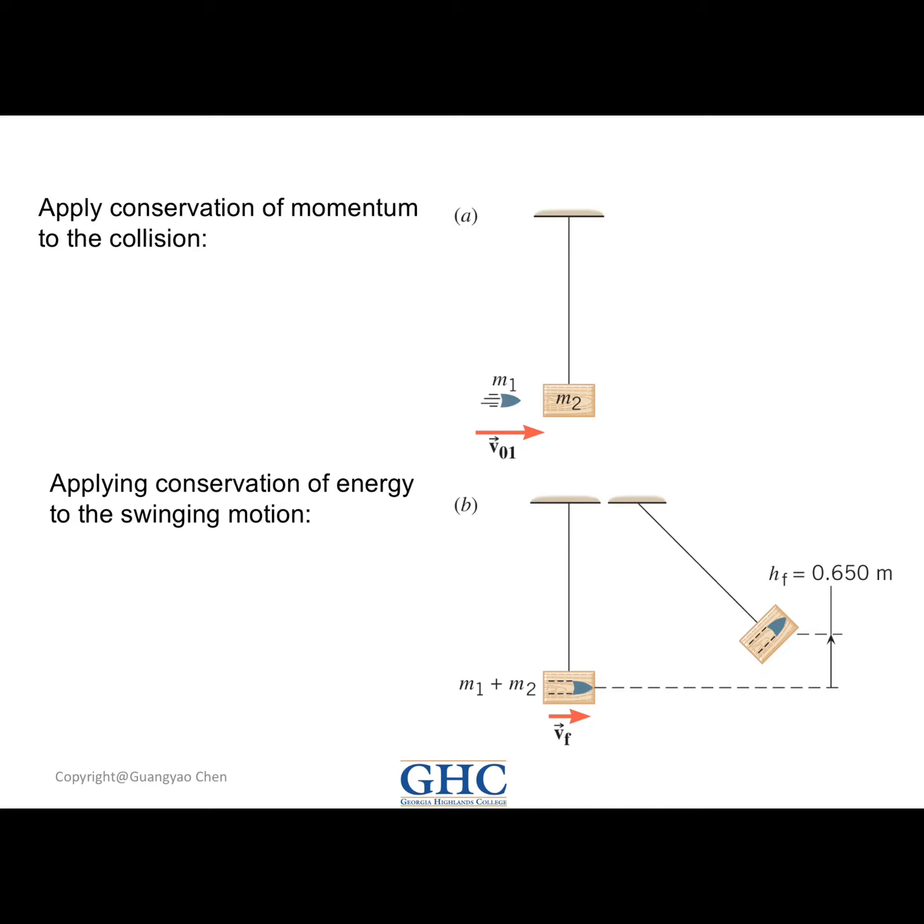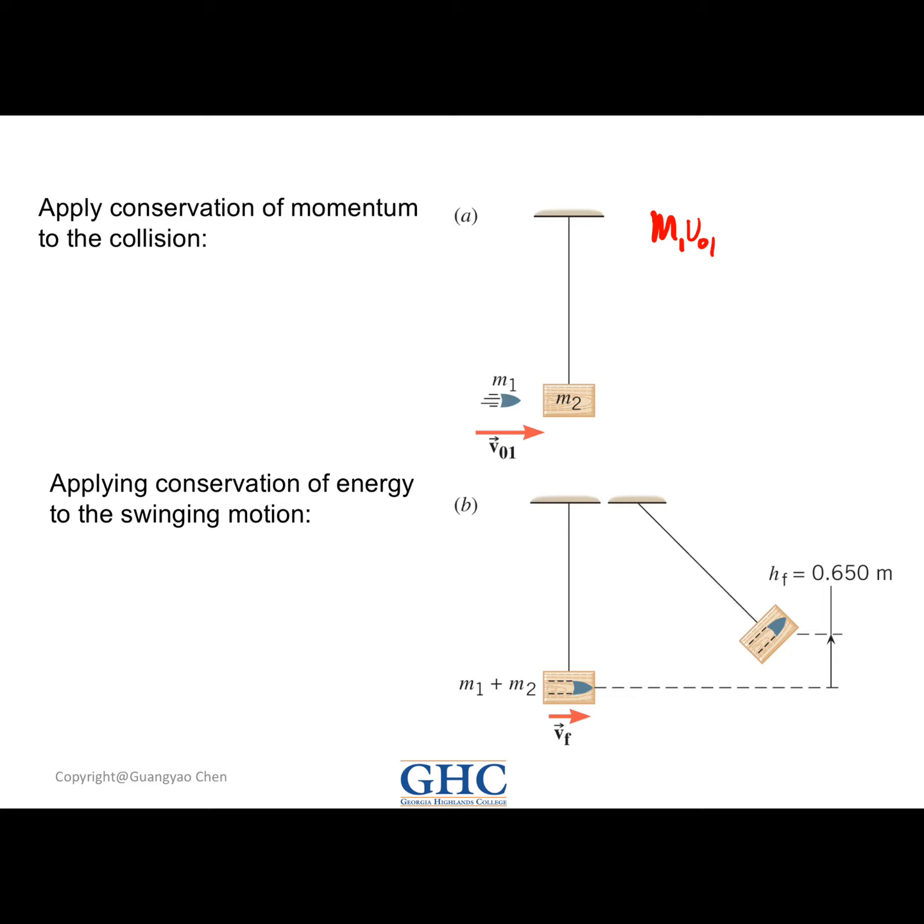So there are two processes. First, the bullet struck with the block. This is a collision. So as I said, whenever you see the word collision, you should think of momentum conservation. So you write down the momentum conservation equation.